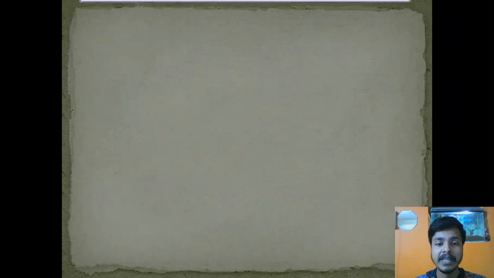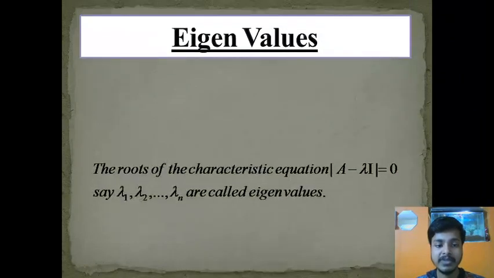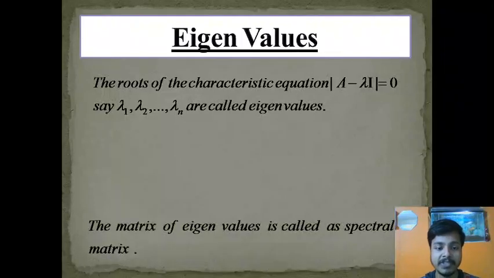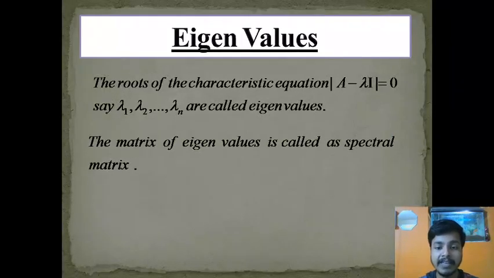Okay. Now the next thing is eigenvalues. The roots of the characteristic equation, determinant of A minus lambda I equal to 0, say lambda 1, lambda 2, up to lambda n, are called eigenvalues. Now let me tell you a few remarks about the eigenvalues which will be handy in competitive examinations. The matrix of eigenvalues is called the spectral matrix.